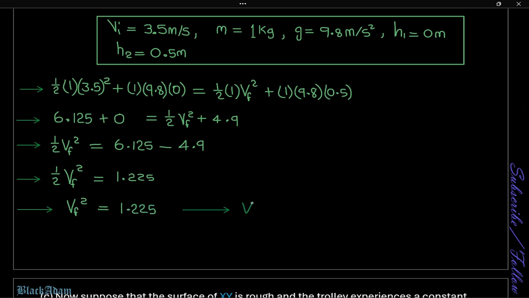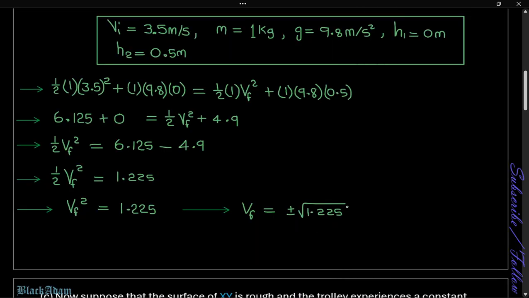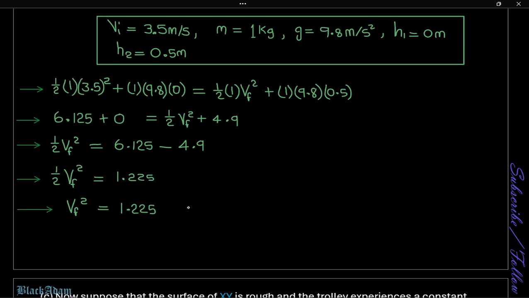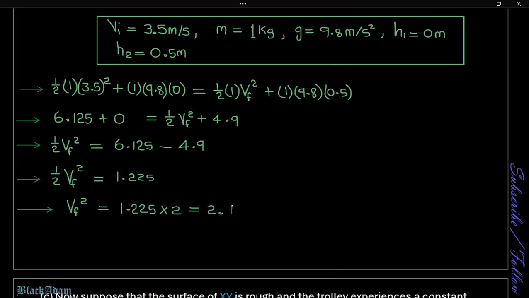We multiply 1.225 by 2, so v final squared is 2.45.